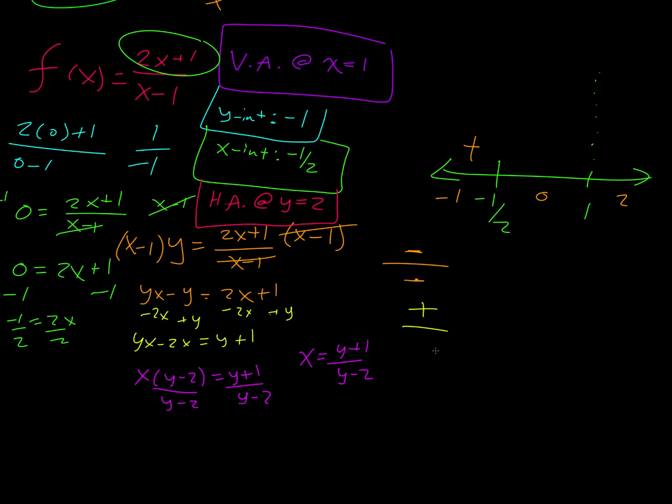If I plug in 0 here, I end up with a negative 1. And so positive divided by negative is going to give me a negative. And then the last thing, plug in a 2. That's going to give me positive on top, and positive on bottom. And so positive divided by positive will give me positive. So there's my sign diagram.